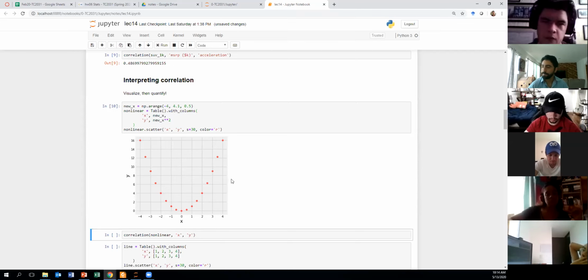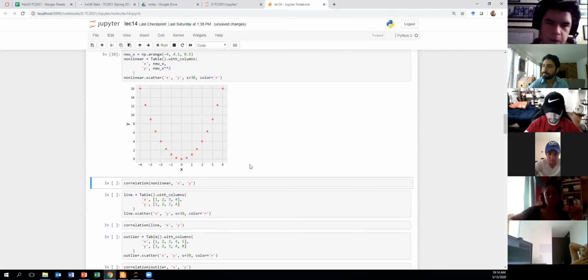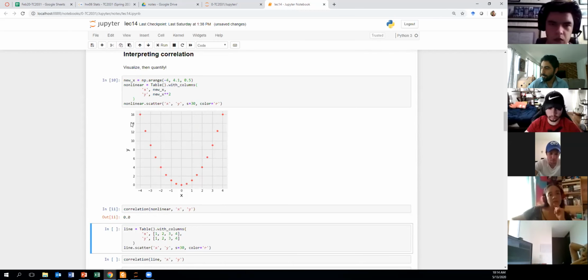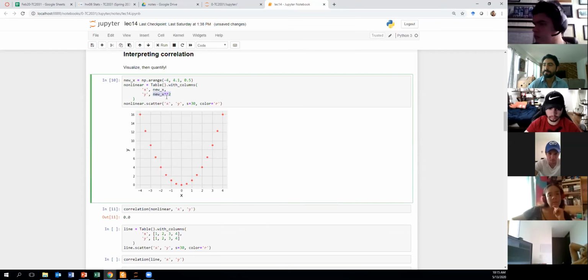My R value is 0. Yes, it's exactly 0. Just looking at it, you can see how I draw this line: it's x to the power of 2. There is an obvious relationship between x and y, but it's not a linear relationship.